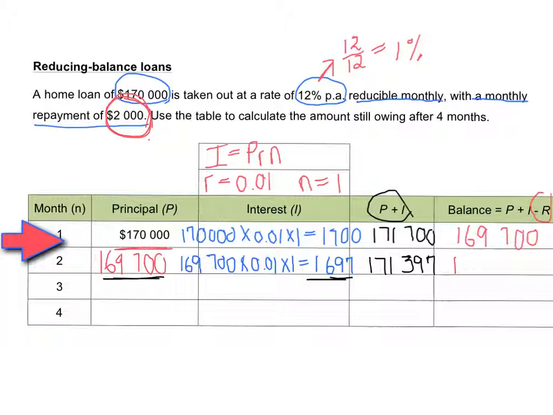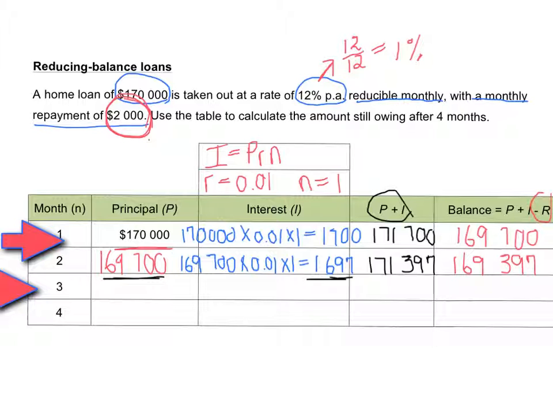So that leaves me with $169,397. Once again, whatever I have left at the end of month 2, I'm now going to take to the beginning of month 3.